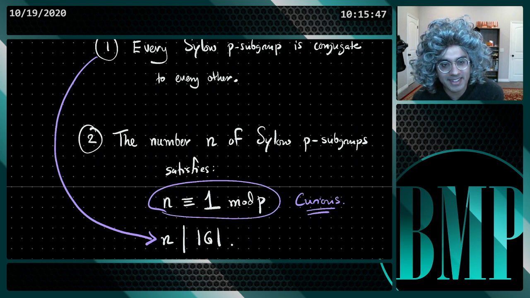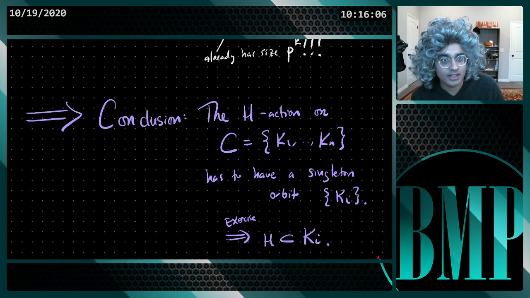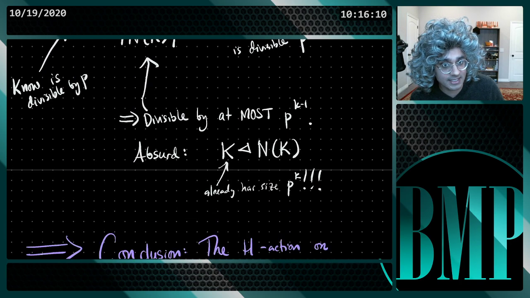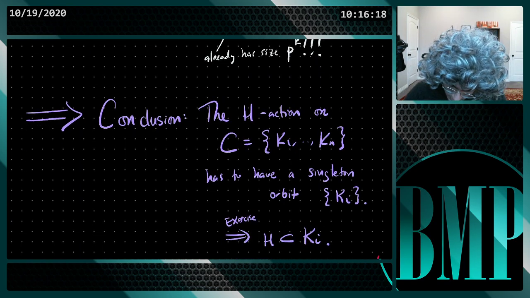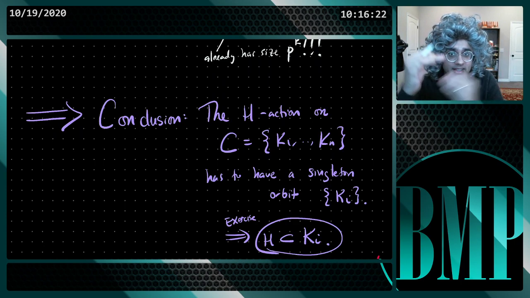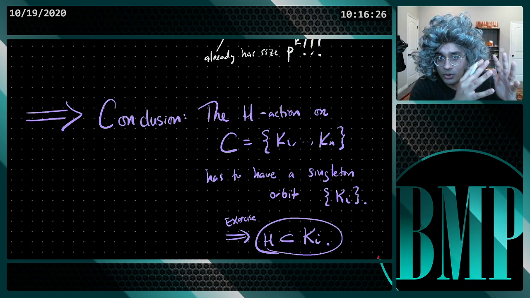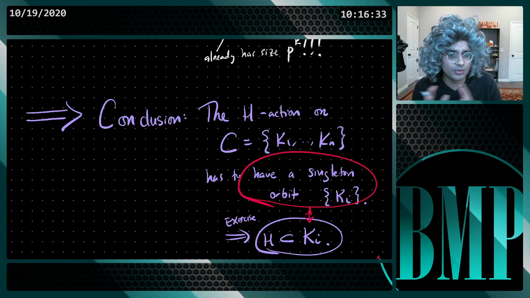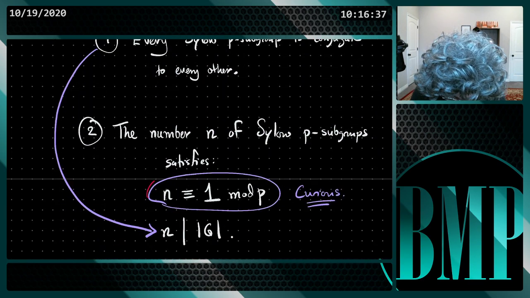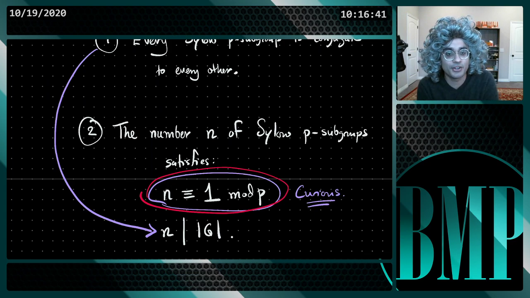So the fact that it's 1 mod P seems like a really awesome statement, but what we will find is that this trick that we used in the proof of the second Sylow theorem, where the inclusion of H inside of some Ki was equated with there being a singleton orbit, that equivalence is what explains this n is congruent to 1 mod p curious condition.